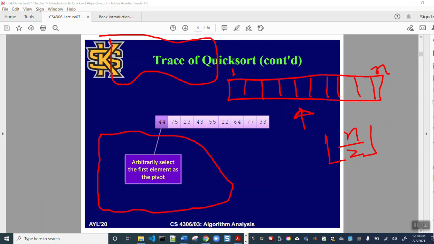So easily we can find the pivot element, but we can consider any element arbitrarily as a pivot element.